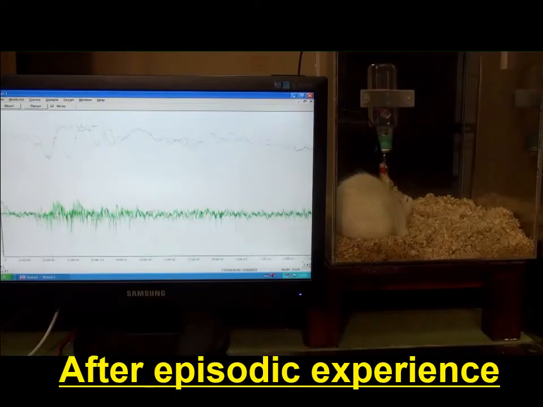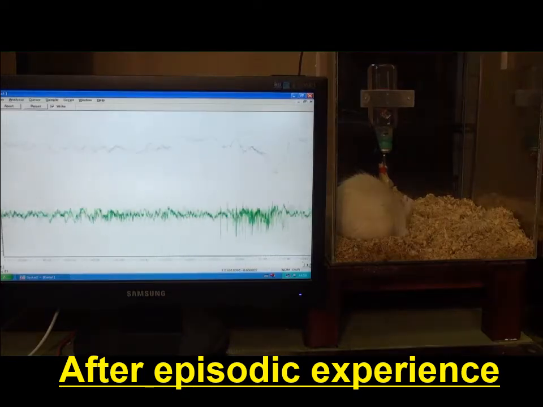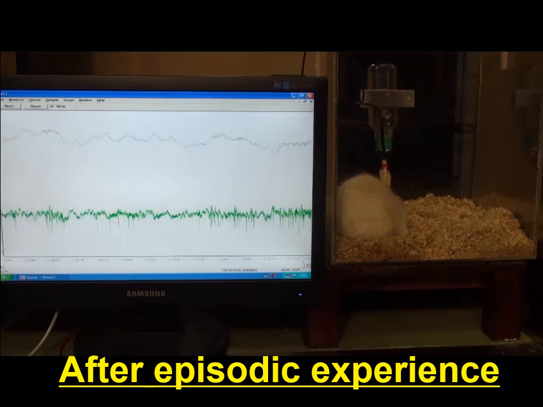This is after 10 minutes of restraint. We recorded the activity in his home cage. Clustered multiple firings form one ripple, and also you can see a silent period. Play again.